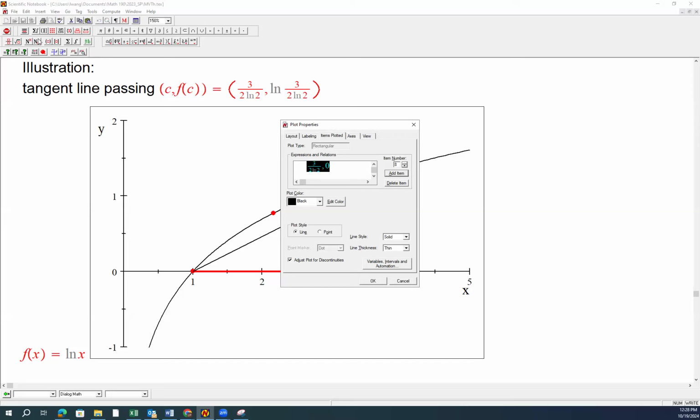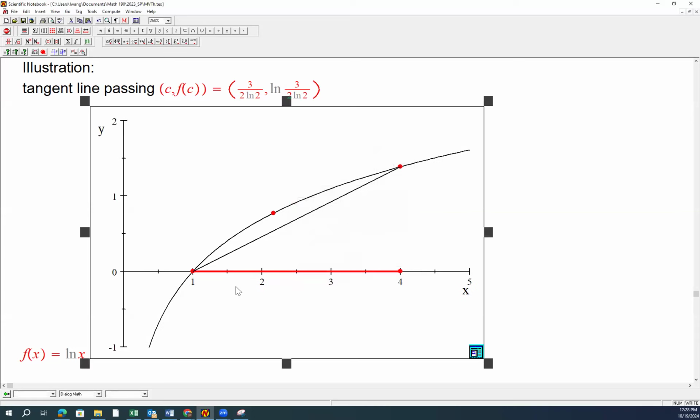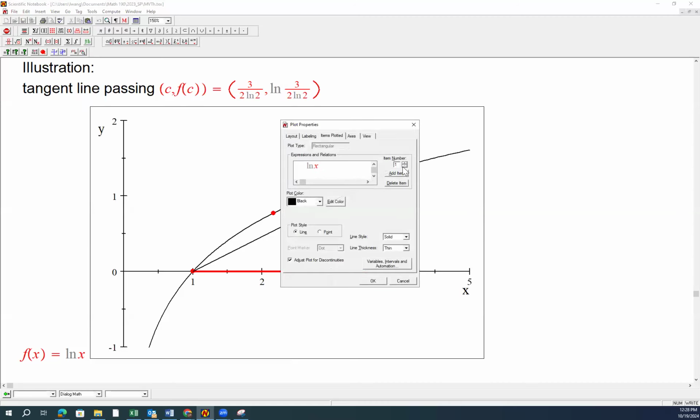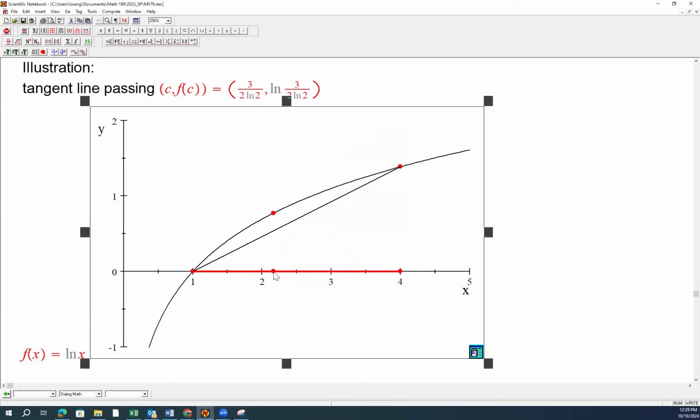This point is C, and this height is f of C.